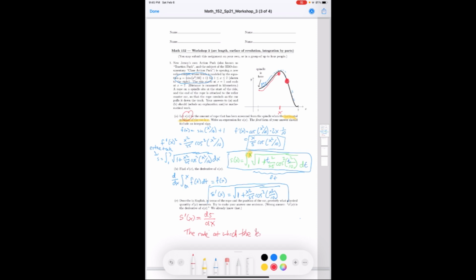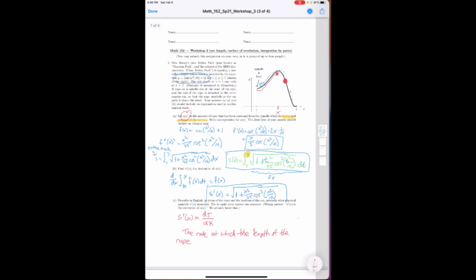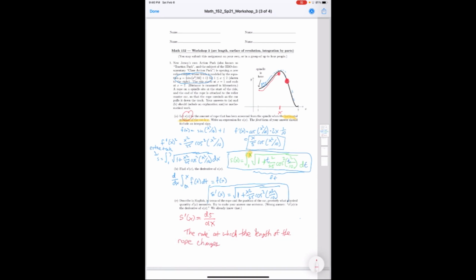the length of the rope changes for every amount that the horizontal distance changes.